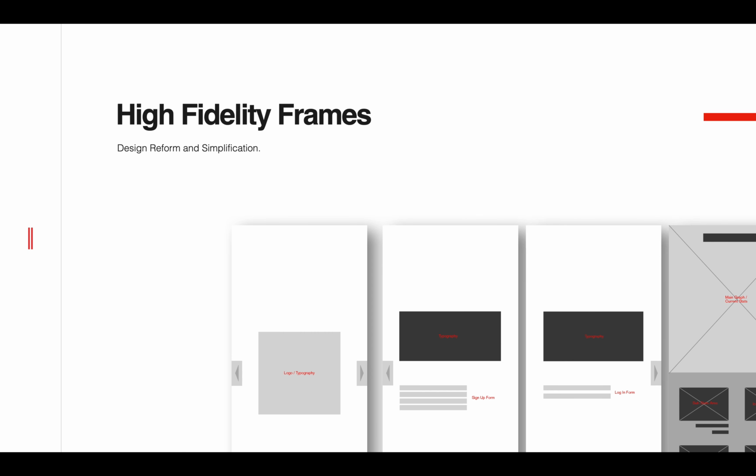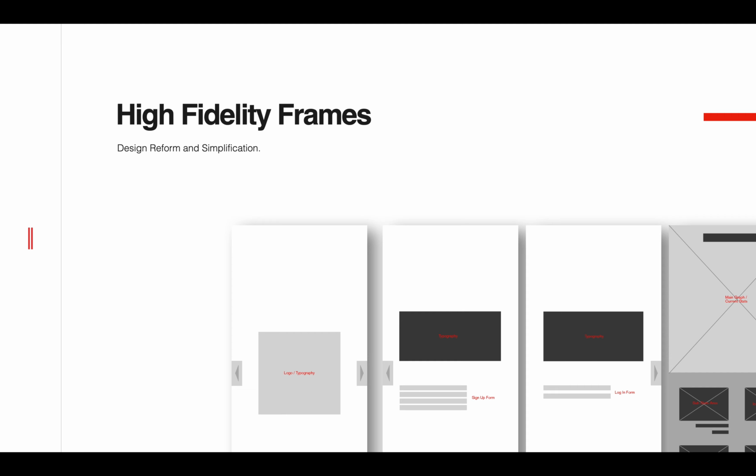Moving forward after that, we took these sketches and moved them into high fidelity frames, reformed the sketches, and got a basic grid layout going to make things a bit cleaner. Pretty much just simplifying the whole appearance from what it once was. Before, there were a good amount of advertisements and unnecessary information being blasted at the viewer's eye, which got a little complicated.